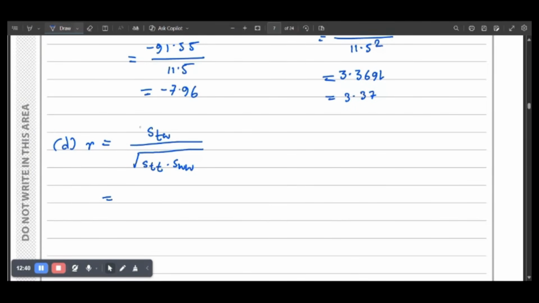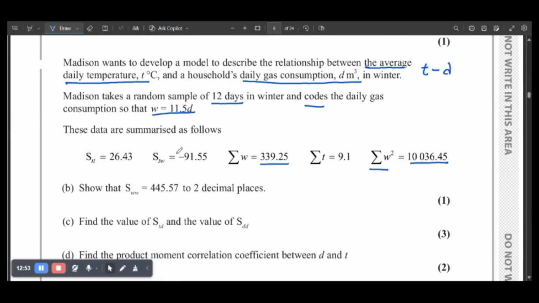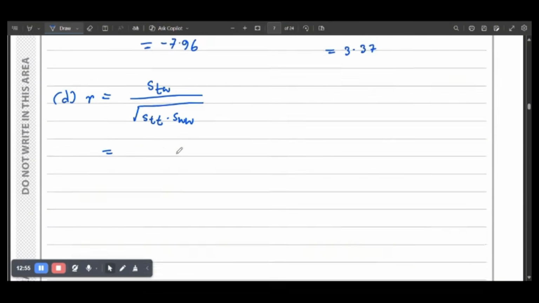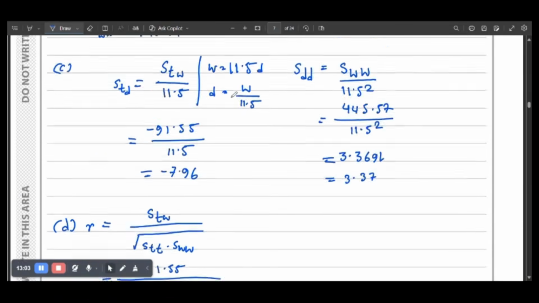So we can use the formula where STW divided by root over STT into SWW gives us the coefficient. We will just use the values as given in the question. This is minus 91.55 divided by root over STT into SWW.